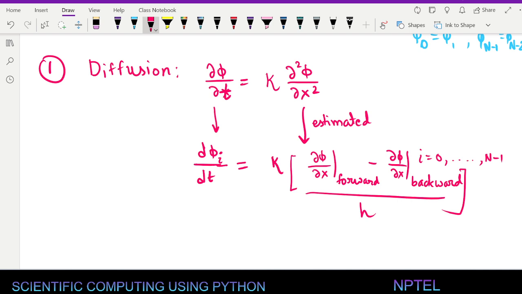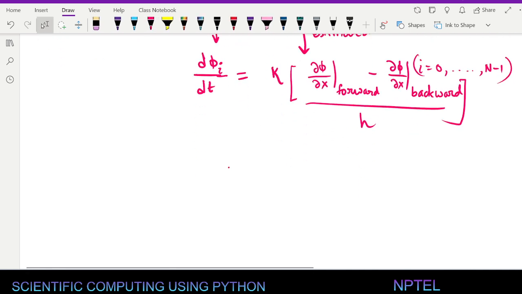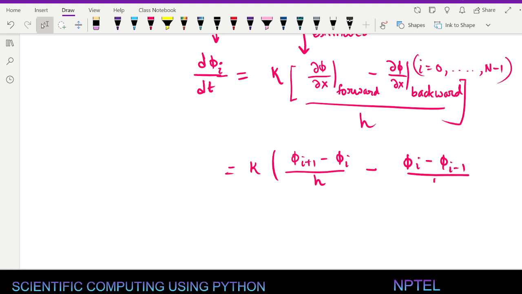Because it's a derivative of a derivative. What is forward? It is φ_{i+1} minus φ_i divided by h, and this is φ_i minus φ_{i-1} divided by h, that is the backward derivative, whole divided by h.